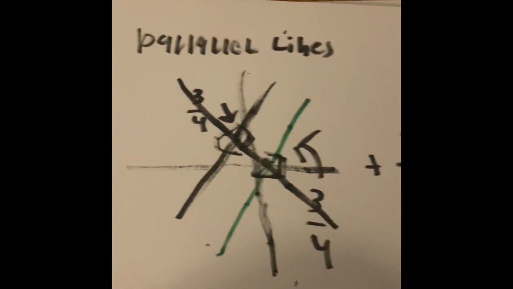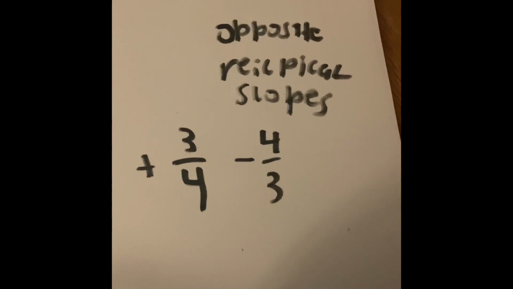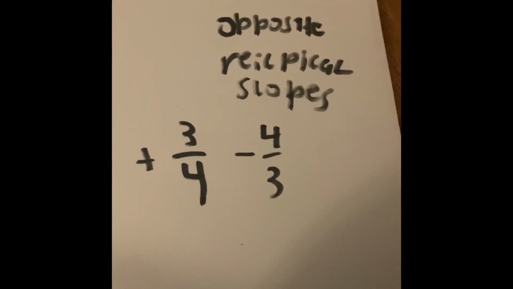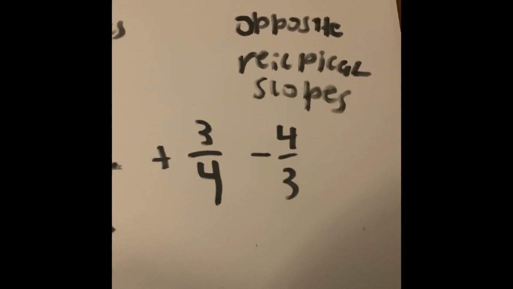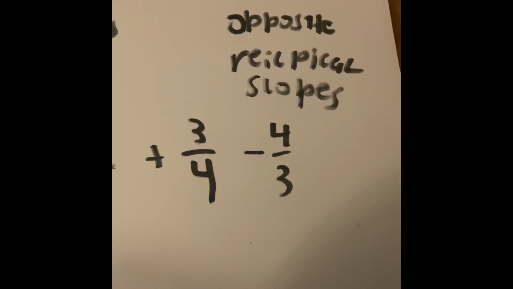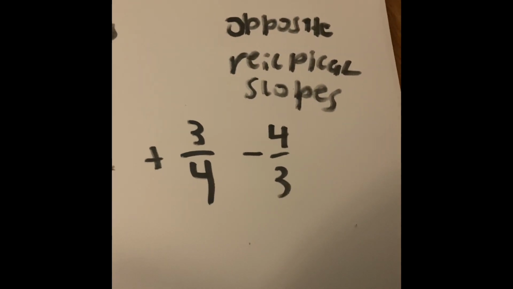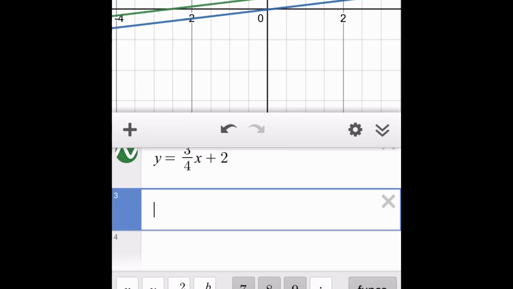So the opposite reciprocal slopes are sort of crashing the party. And here is how we can do it on a graph and how we can show it with Super Mario.